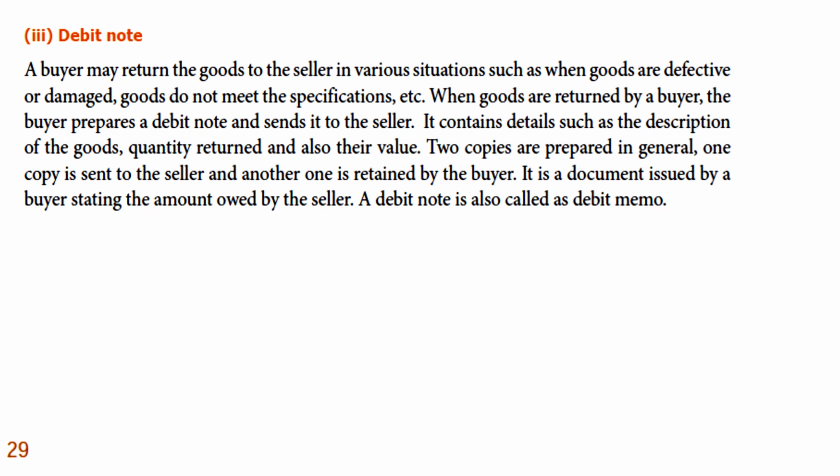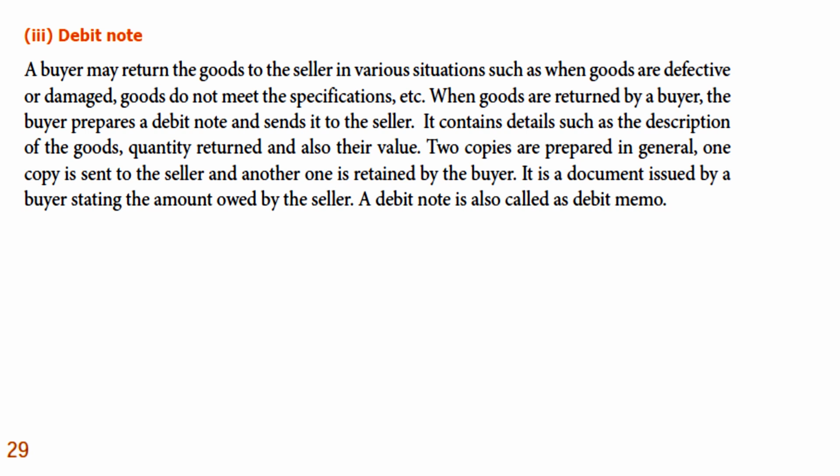It contains details such as the description of the goods, quantity returned, and also their value. So the debit note should contain the details of the description of the goods. So என்னென்ன goods, அதோட details and the quantity, amount, how much they have returned.